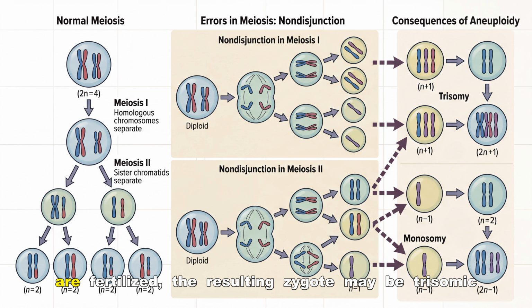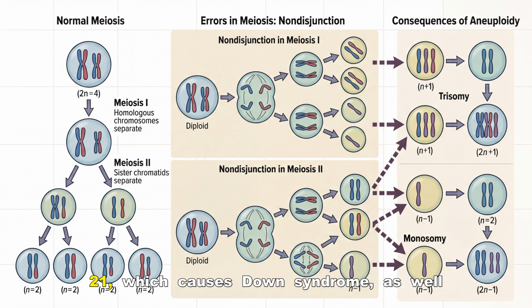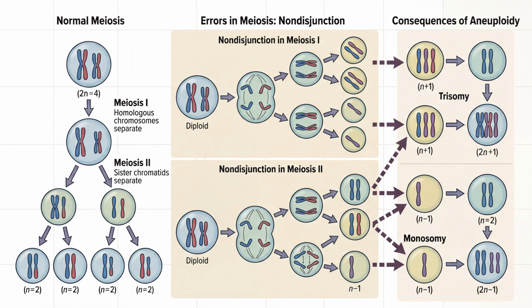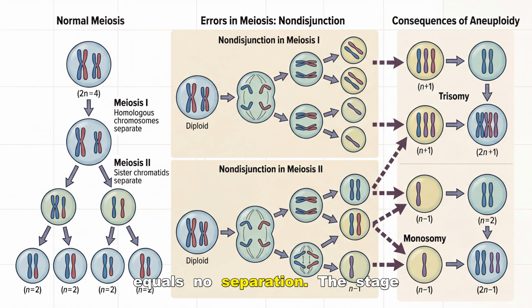When such gametes are fertilized, the resulting zygote may be trisomic or monosomic. Classic examples include trisomy 21, which causes Down syndrome, as well as Turner syndrome, where there is only one X chromosome. A useful way to remember this is that non-disjunction equals no separation.